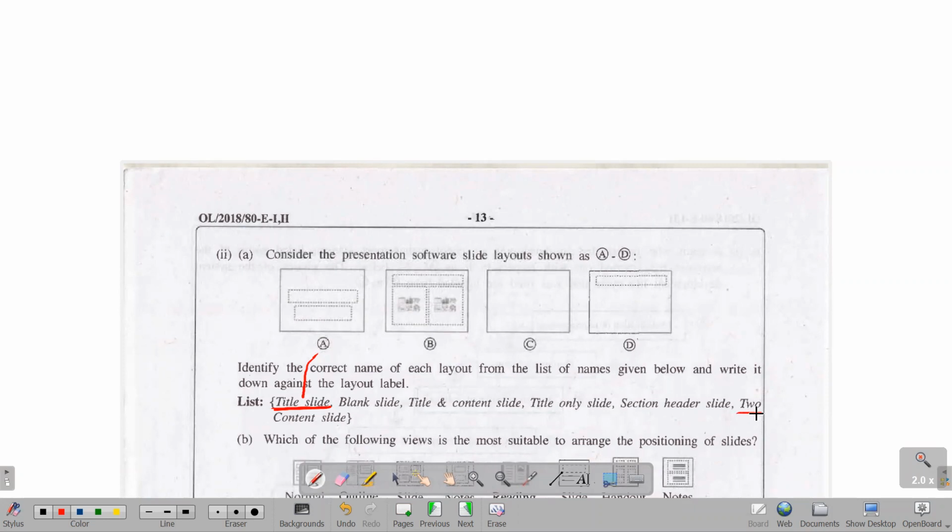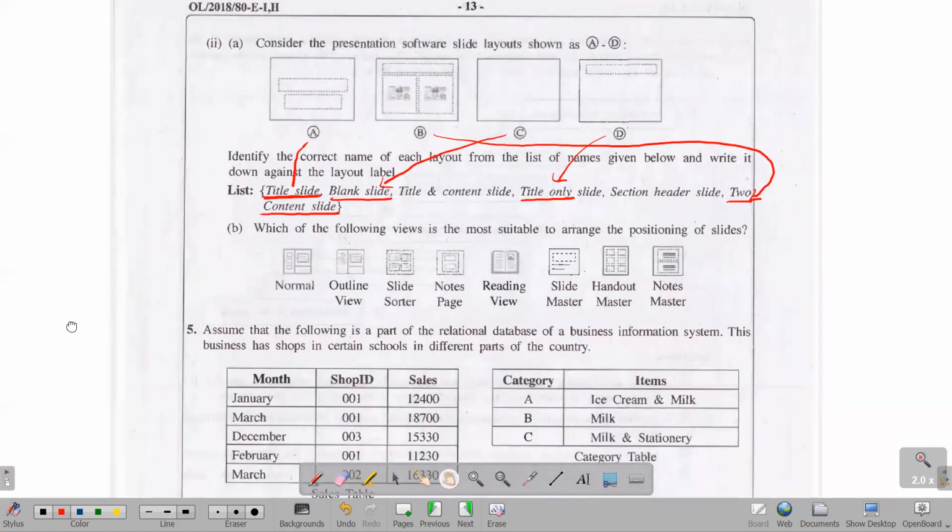Two contents, right? This goes with B. And blank slide goes with C. And title only goes with D. So see how much you got out of 10.